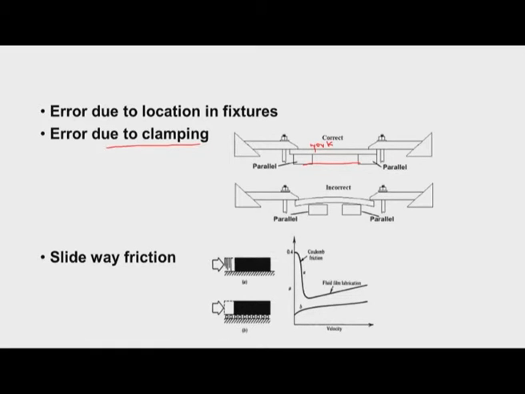Sometimes the operator may place the parallel plates like this, and then when the clamping force is applied, the workpiece will bend like this, and now the cutter will cut the workpiece like this. Once the clamps are removed, the workpiece will spring back, and we get the inaccuracy in the workpiece.